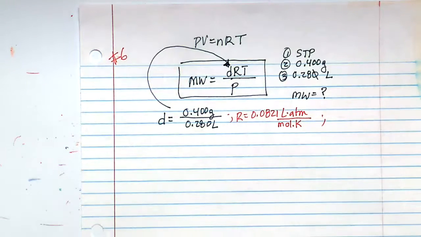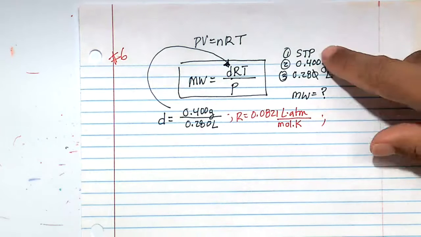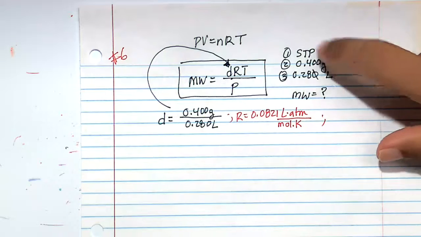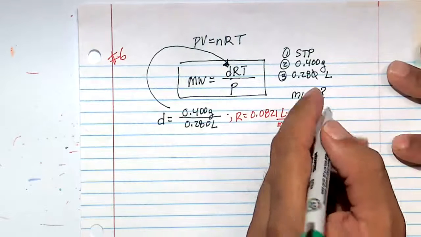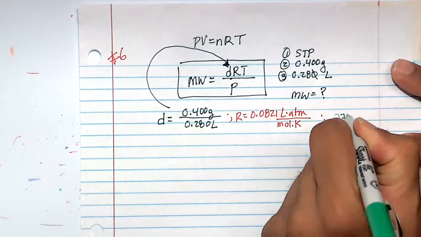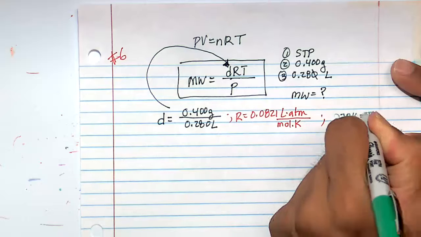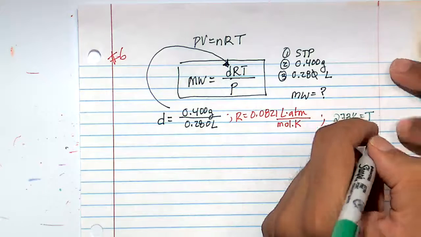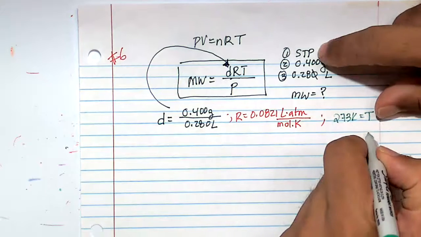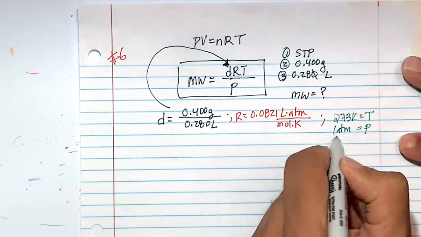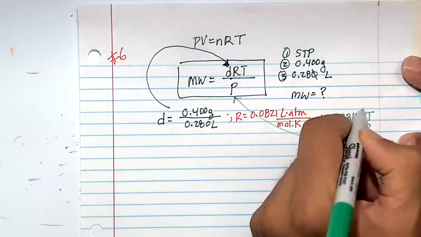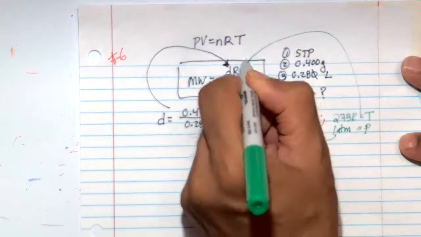What is T here? Okay, what's T? 0 degrees Celsius, but we've got to convert it to Kelvin, so it's going to be 273 Kelvin. Very good. Thank you, Elizabeth. And then finally, what's P? 1 atm. So we have everything that we need to plug it in and get the molecular weight.